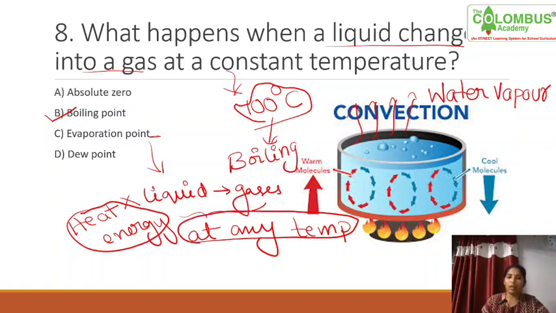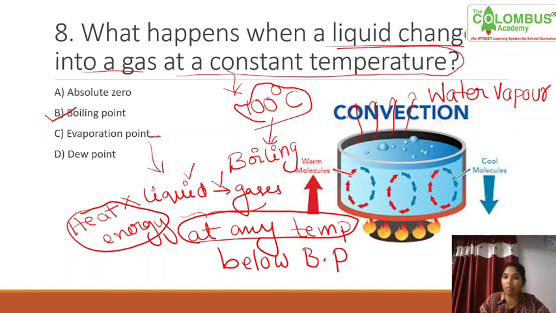Conversion of liquid to gas at any temperature below the boiling point is called evaporation. But in this figure, I am applying heat energy at constant temperature. The question asked about constant temperature, and evaporation is at any temperature. So the answer is boiling point, but not the evaporation point.